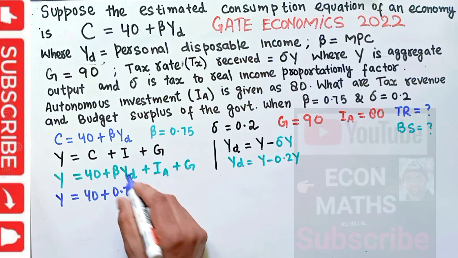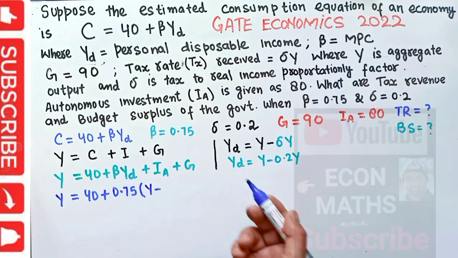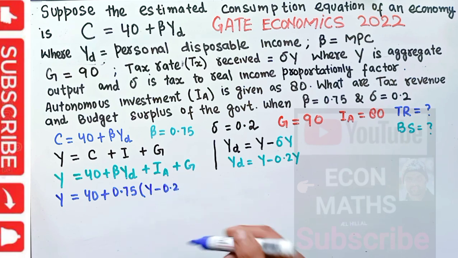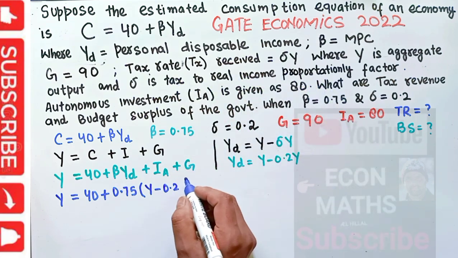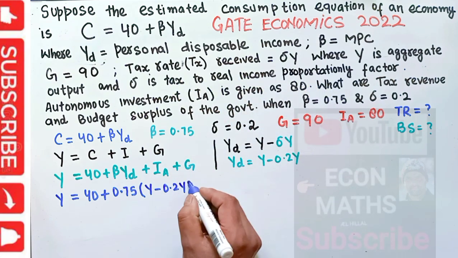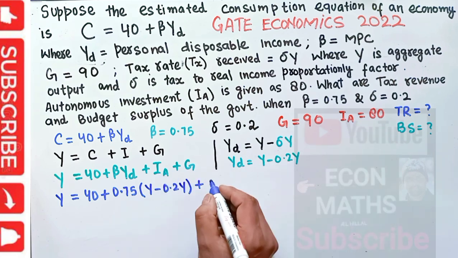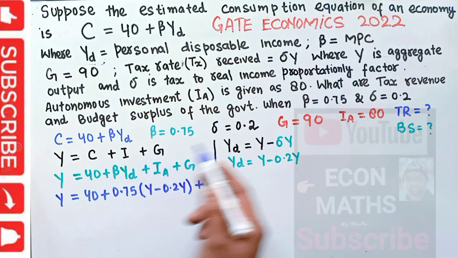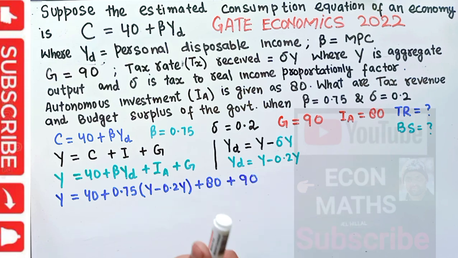In place of disposable income, I can write the total income minus the marginal tax rate, that is 0.2, which here is called the tax to real income proportionality factor, times Y, plus the investment, which is autonomous, given as 80, and government expenditure, which is also autonomous, equal to 90.